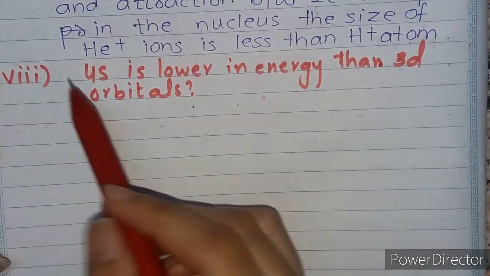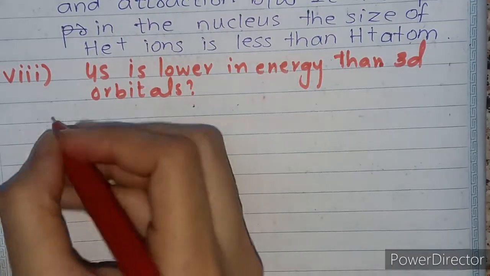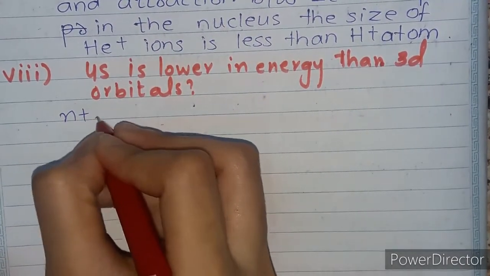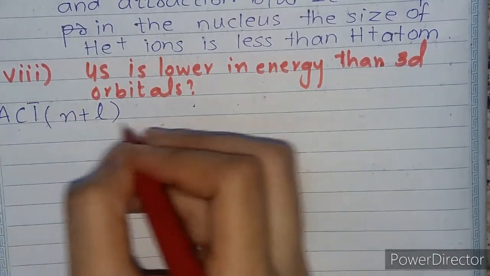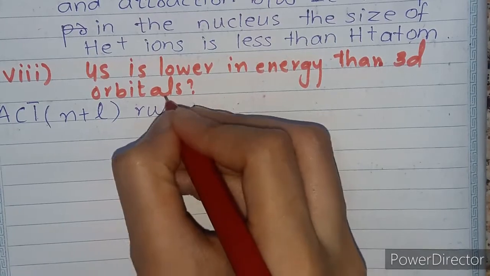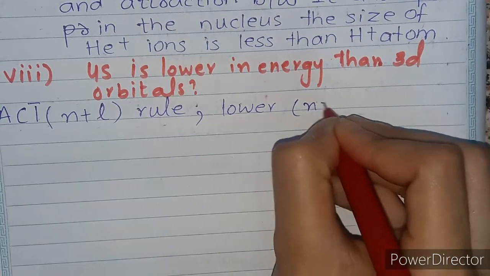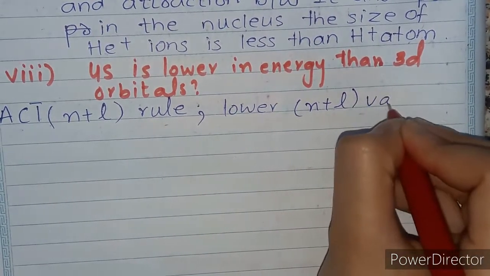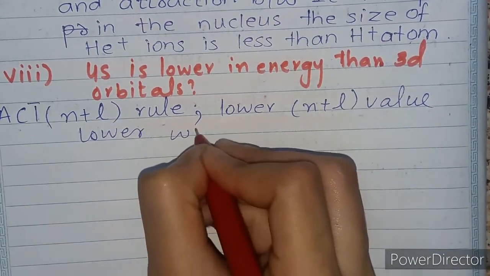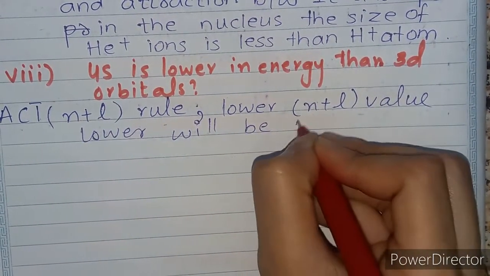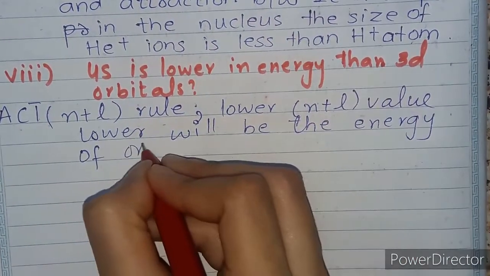In part number 8, why is 4s less in energy than 3d orbital? So in this case the n plus l rule is applied. According to the n plus l rule, the lower the n plus l value, the lower will be the energy of the orbital.